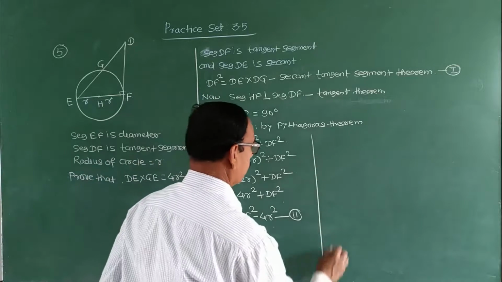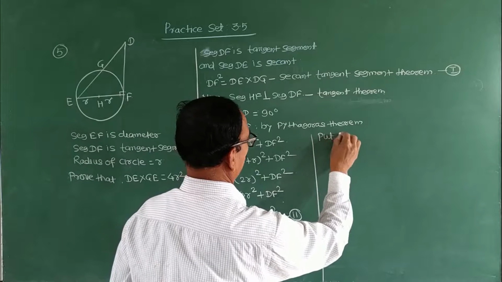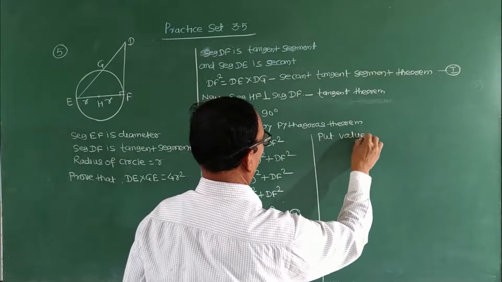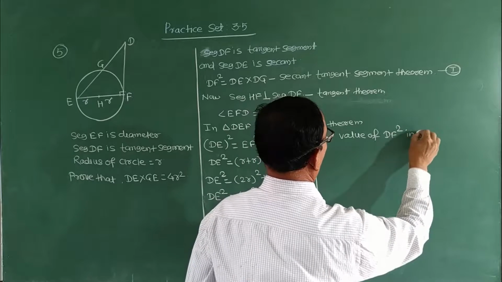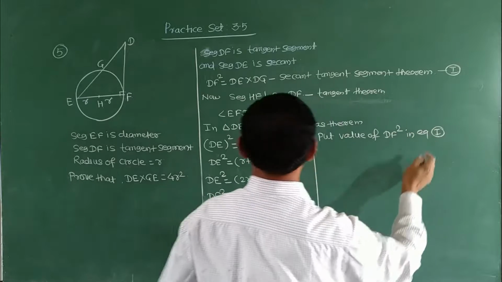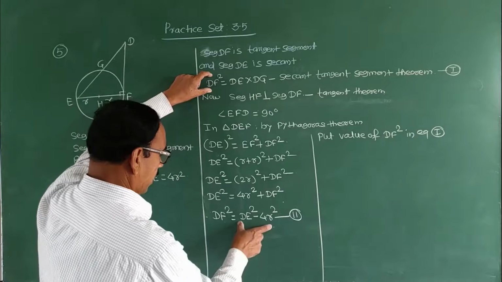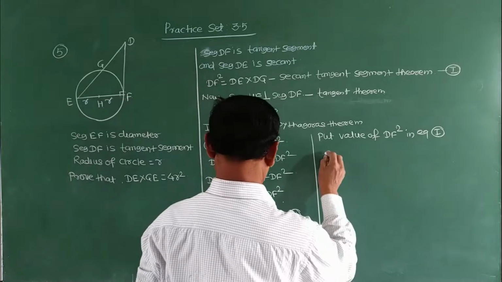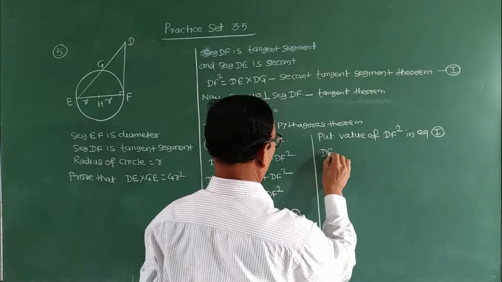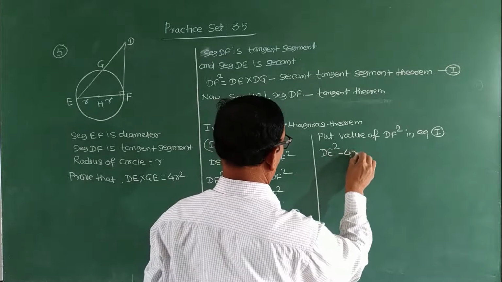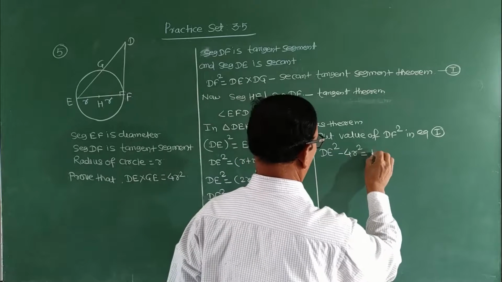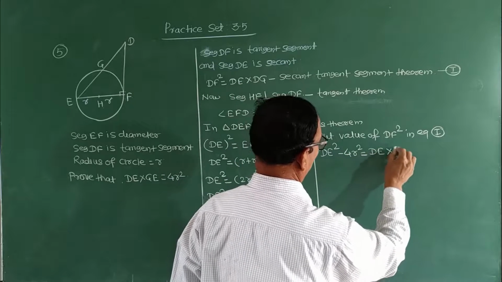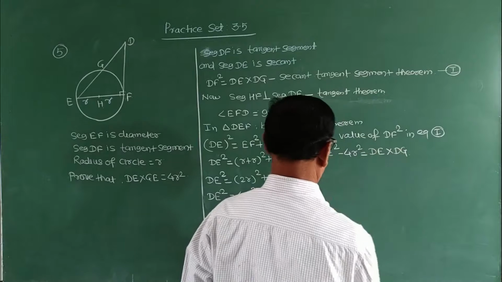So put the value of DF square in equation first. So instead of DF square we will write DE square minus 4R square, equal to DE into DG.